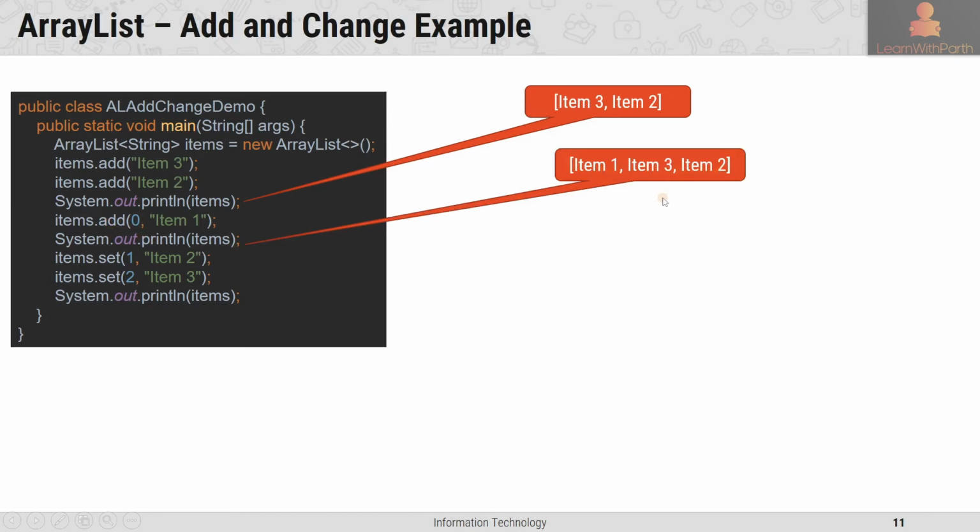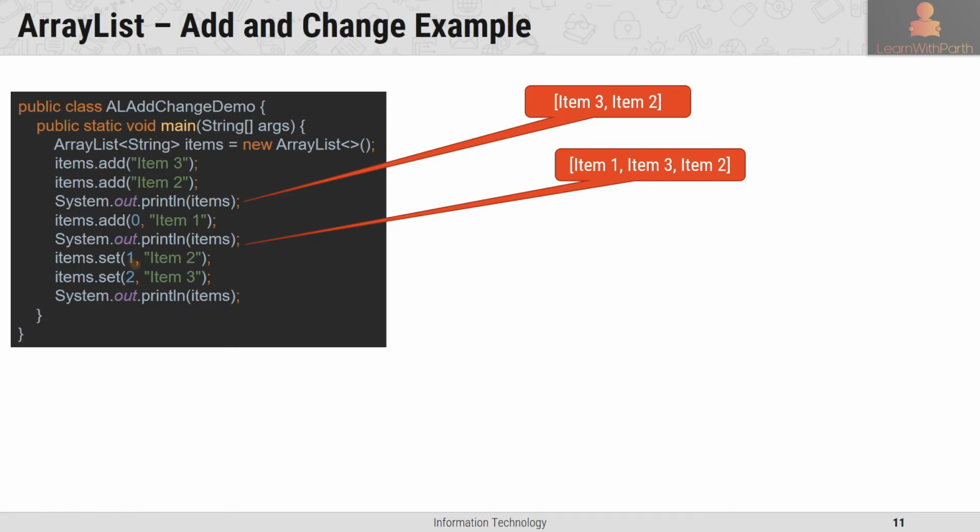Now later on, if you realize that you have wrongly placed item 3 at this location, and it should be at index 2, and item 2 should be at index 1, how can we set that? For that we can use a method called set, with the index.